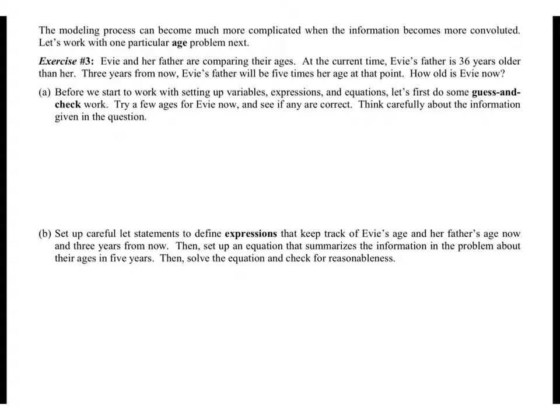So let's say that Evie is 10. Evie's father is 36 years older than her, so 10 plus 36, which means that her father is 46. 3 years from now, Evie's father will be 5 times her age at that point.